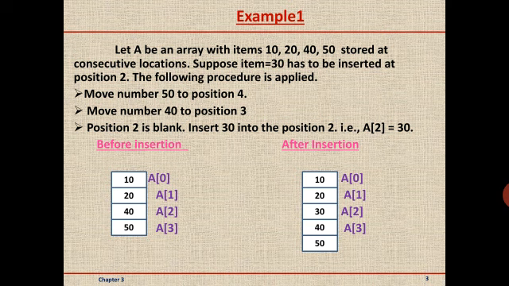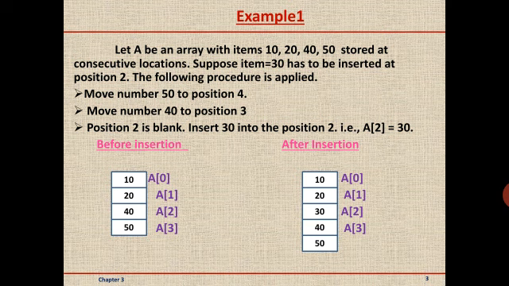Similarly, in case 2, now I value changes. Earlier it was 4, now it will reduce to 3. So, 3 down to 2. Hence, in the new position, that is A[4] is equal to 50. We are storing the item 50 at a new position, that is 4.